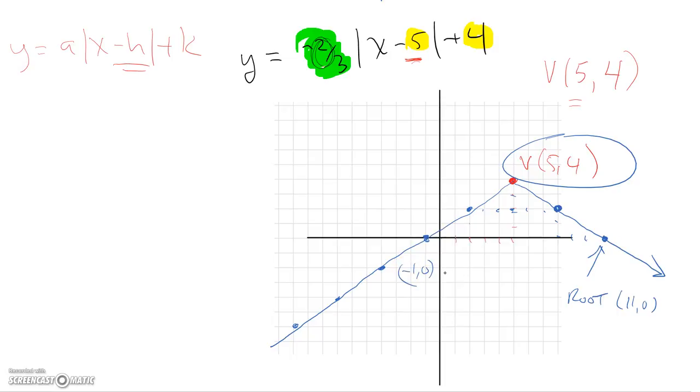And then I have a y-intercept up here. It looks like it's at (0, maybe 2/3) or something like that, where it hits. You could find the y-intercept by putting 0 in for the x value, and you could find the roots or the x-intercepts by putting 0 in for the y value. All right.